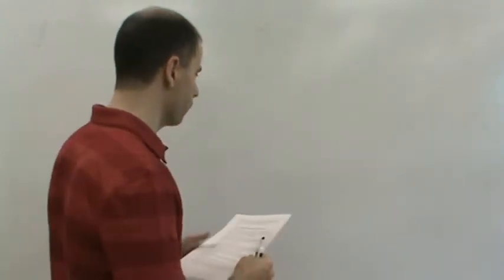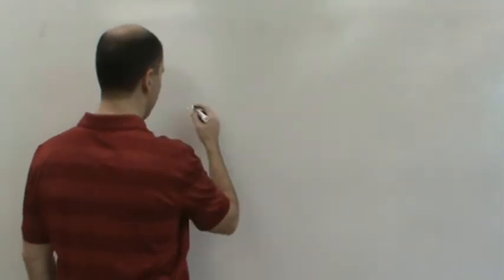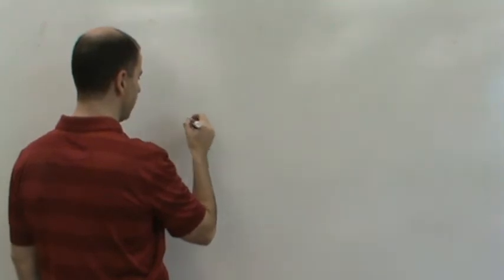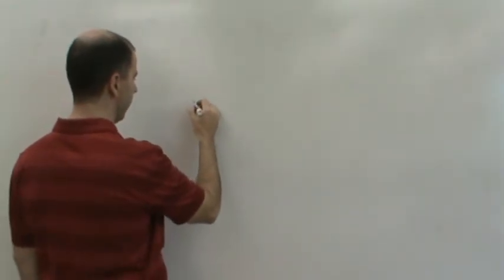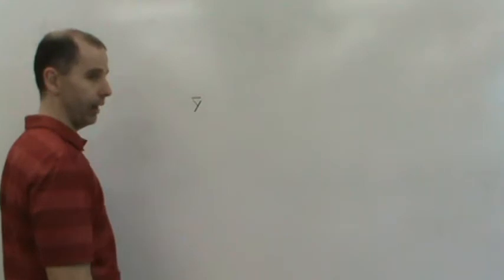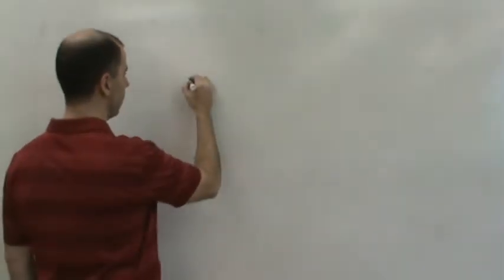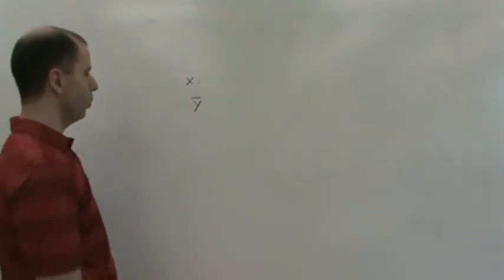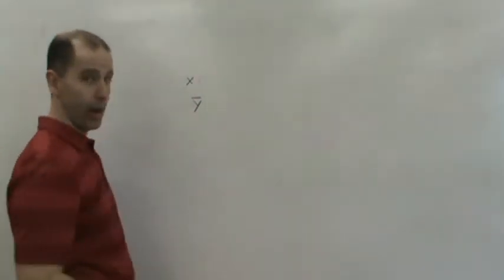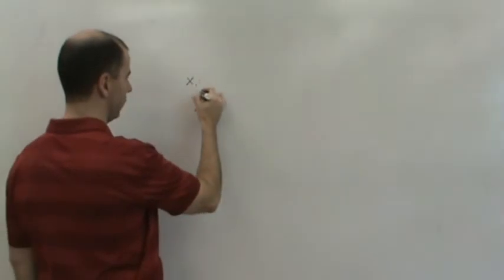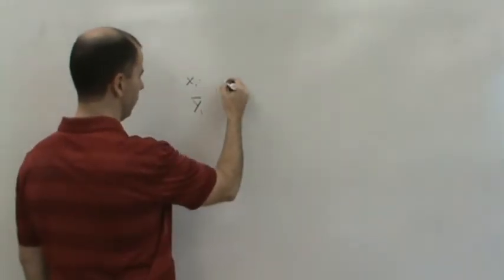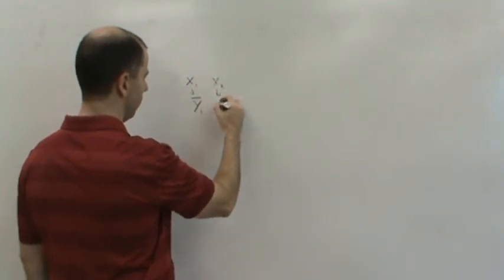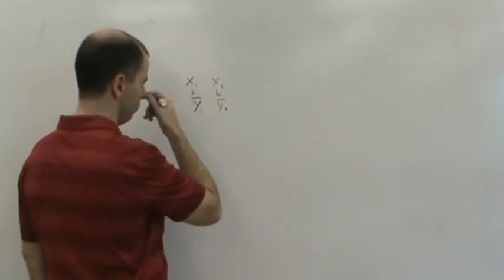So in other words, we can take the average of y for each value of x. So we're talking about y bar. For a particular value of x, we're going to have a y bar value. If we have x1, we'll say y bar 1. x2, y bar 2.